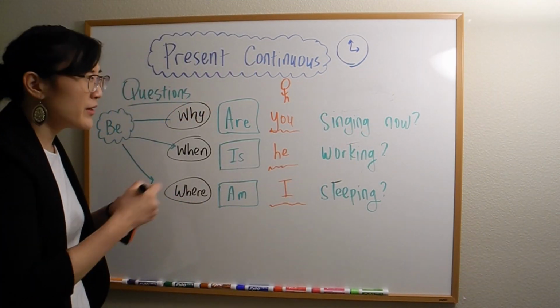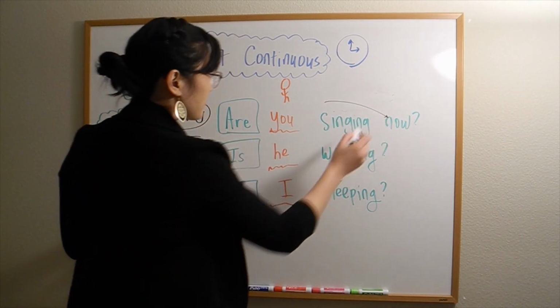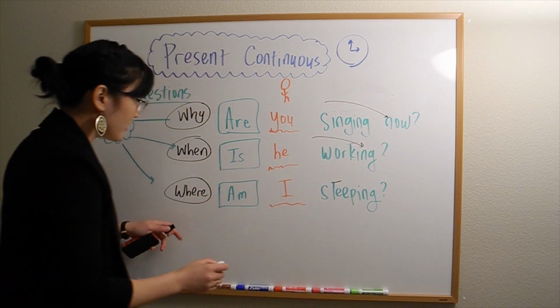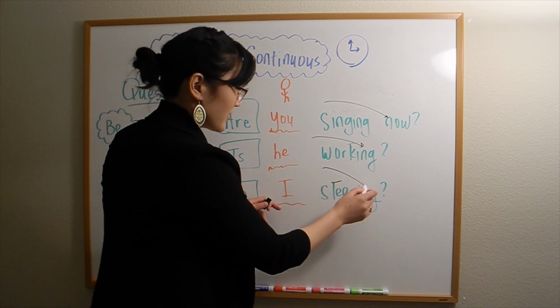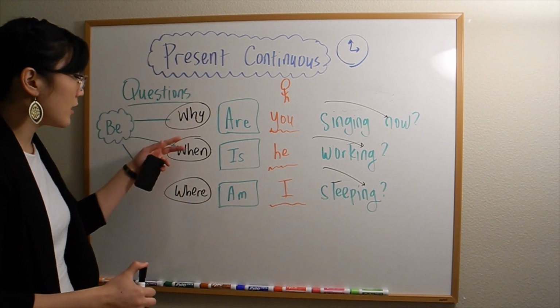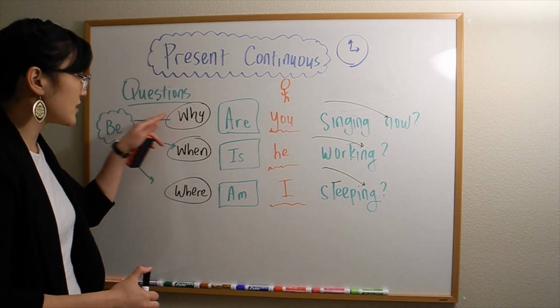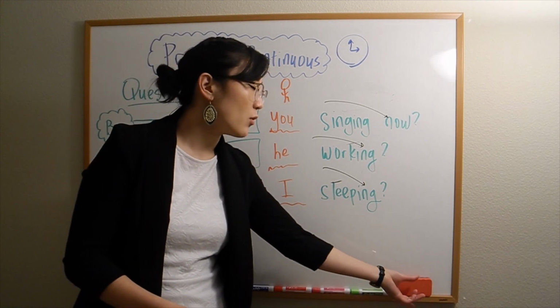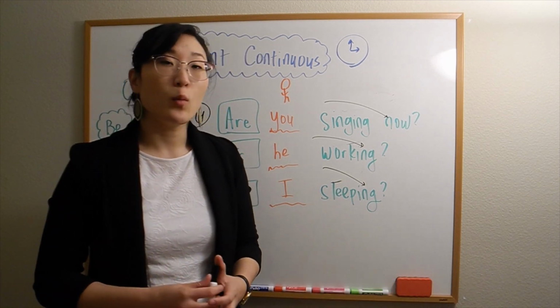So, why are you singing now, right? Why are you singing now? When is he working, right? Or where am I sleeping, right? Because again, these are more information words, right? These WH words. So this is to give you an idea of what we will be studying more in class.